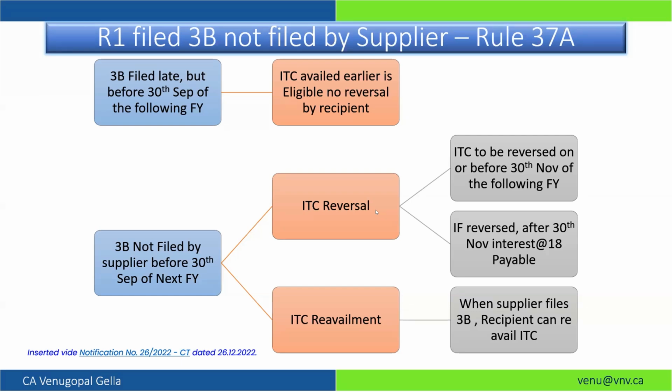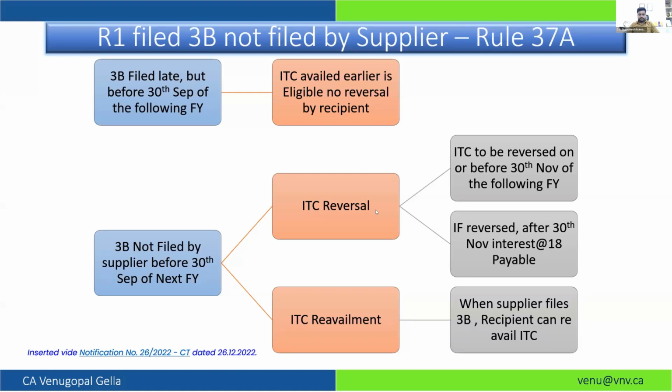If as on March 23 all your suppliers have filed GSTR 3B, then you are okay. Otherwise, you are at risk of reversing input tax credit. So this is one important notification, which got released at the end of last year among the host of notifications that came.